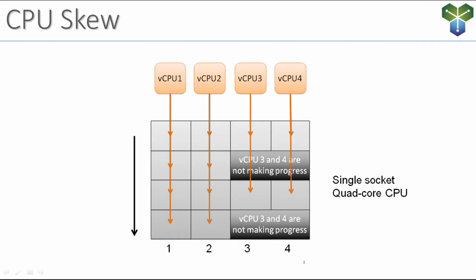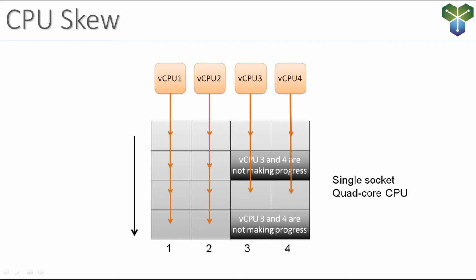The ESXi host has an acceptable threshold for this. When that threshold is reached, the ESXi host will start holding back vCPU 1 and vCPU 2. They'll start limiting them. This is called co-stop. If you look in esxtop, this is expressed as co-stop. So if vCPU 1 and vCPU 2 are being throttled back, that's expressed as co-stop.